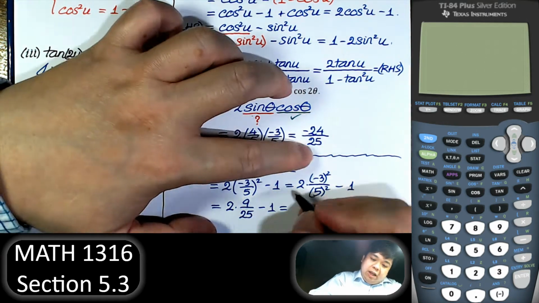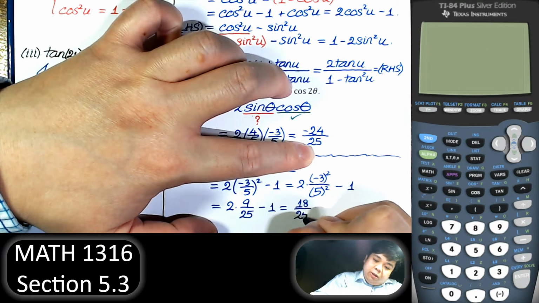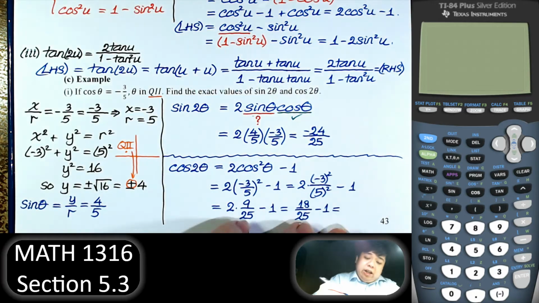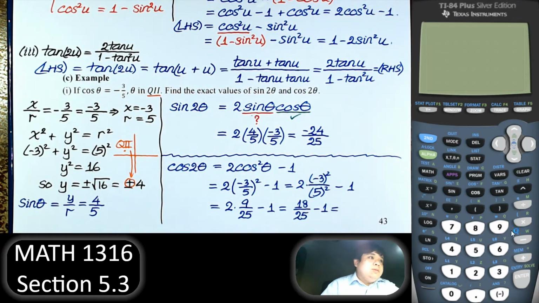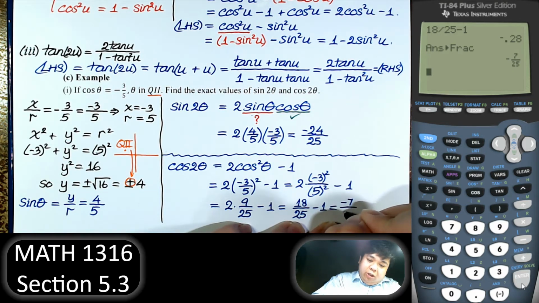So that gives us 18/25 minus 1. The common denominator is 25, so 18/25 minus 1, change the fraction, and that is of course negative 7/25.